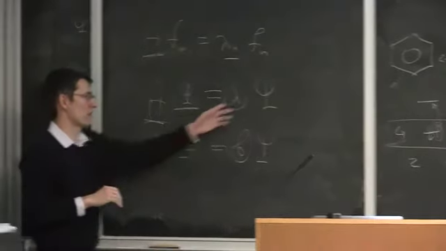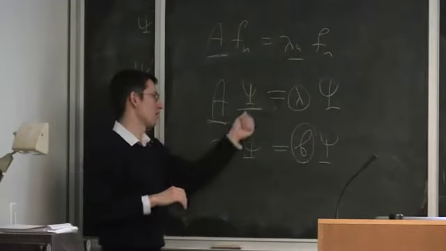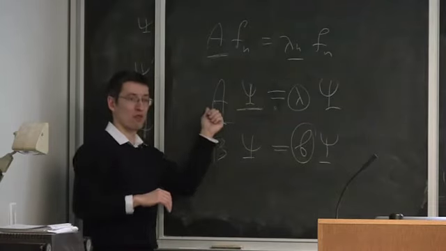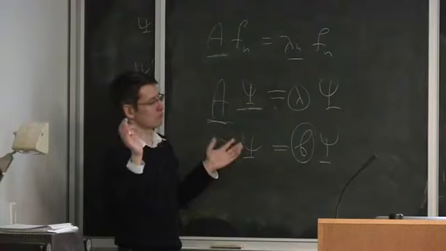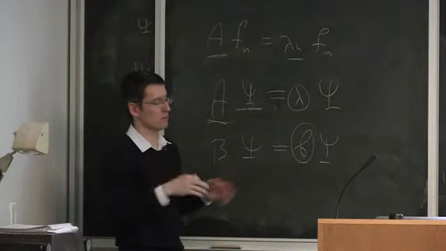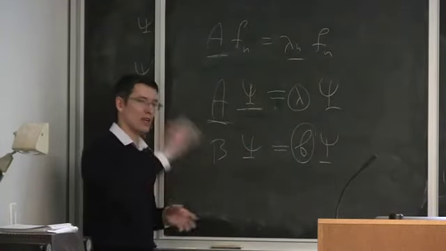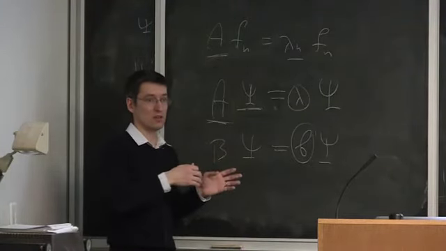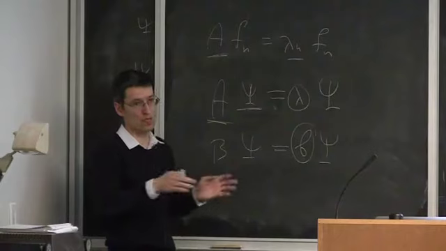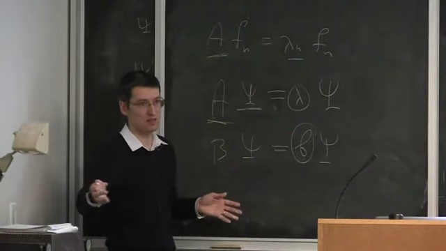That is not important. What is important is that the function is an eigenfunction for both. That means you prepare copies, it doesn't matter how many, and you start measuring A, B, A, B, A, B, and you get exactly the same results for A all the time, and for B, different results, but consistently the same.